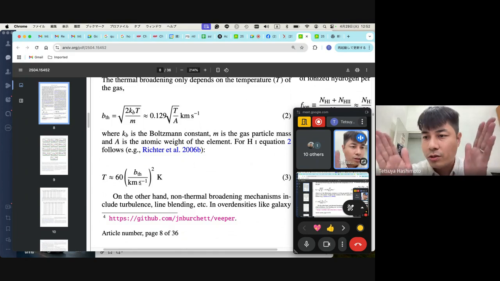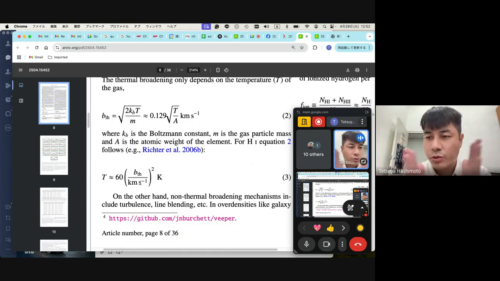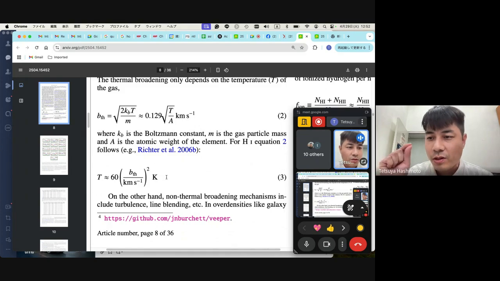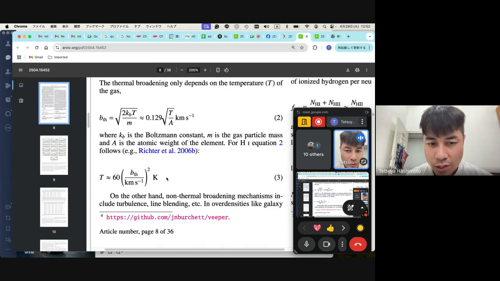So using how broad the absorption system is, they can calculate the temperature of the material. Basically, this is a very high temperature, they say warm or hot gas, which is 10 to the 4 to 10 to the 7 Kelvin. That's basically ionized gas, but a very small fraction of gas is in a neutral state, so they can still see the absorption lines from that.